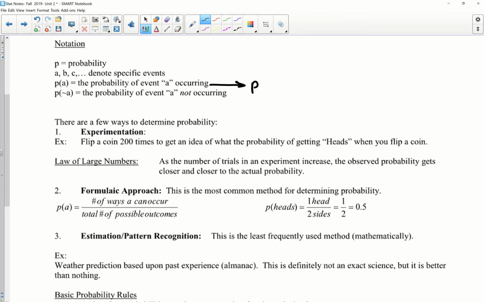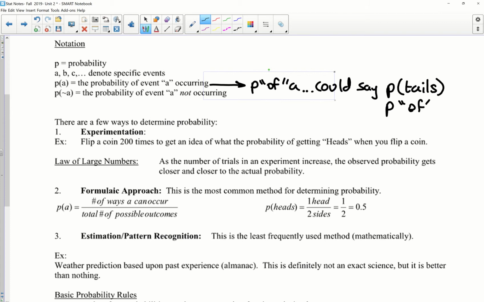So this is P of A. You could say something more specific like probability of tails when you're flipping a coin. That would be P of tails. And the P again is probability. So probability of getting a tails when you flip a coin.